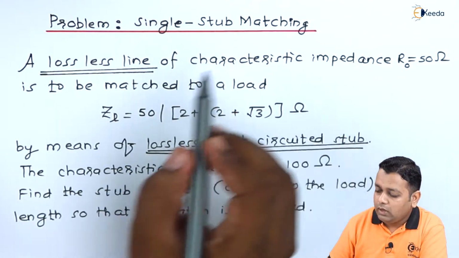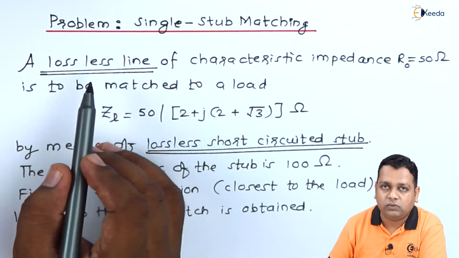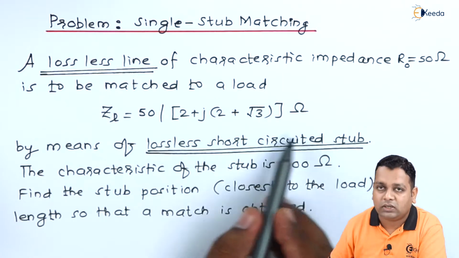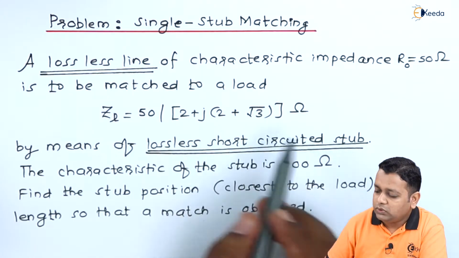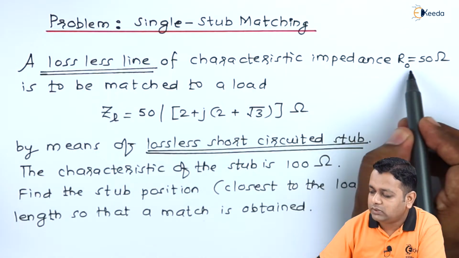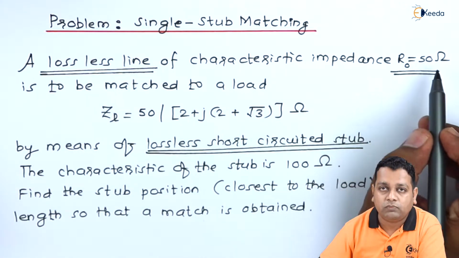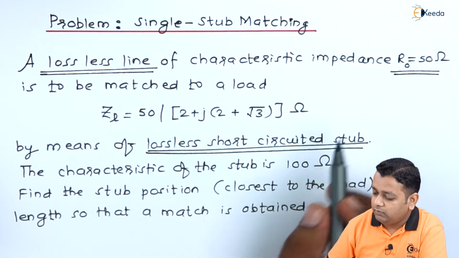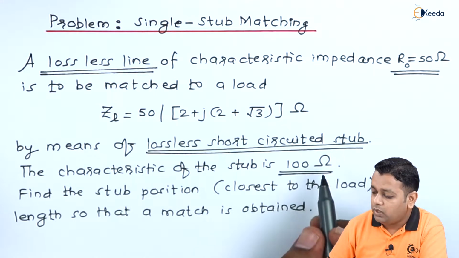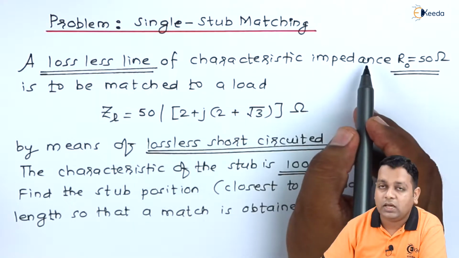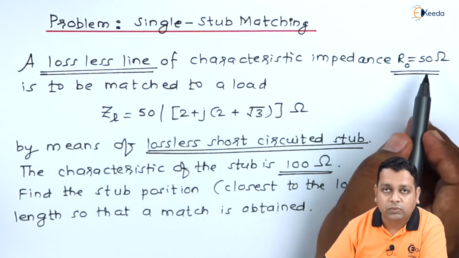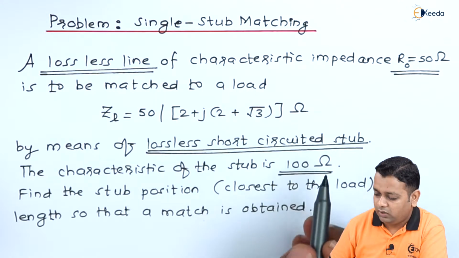Now we have two lines, the original main line and the short circuited stub line. For the main transmission line, the characteristic impedance R0 is equal to 50 ohm, whereas for the stub the characteristic impedance is 100 ohm. So we have different values of characteristic impedances for the transmission line and for the stub. For the line it is 50 ohm, for the stub it is 100 ohm.